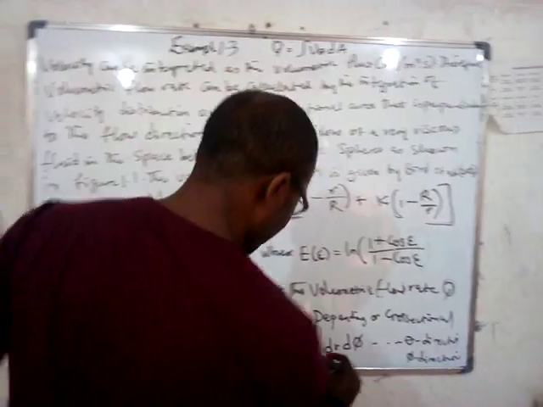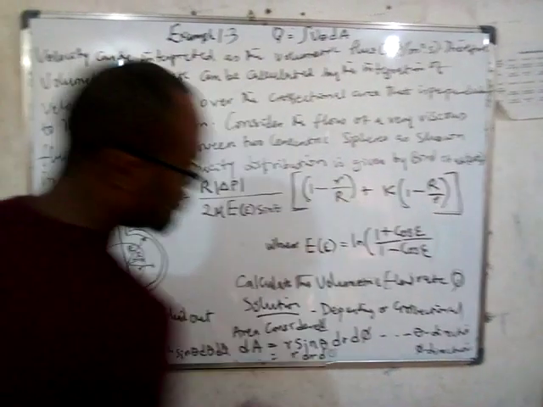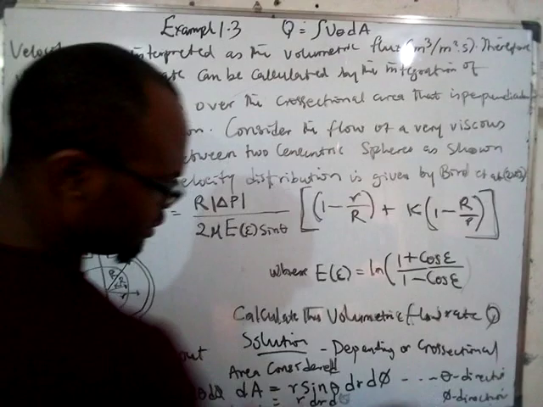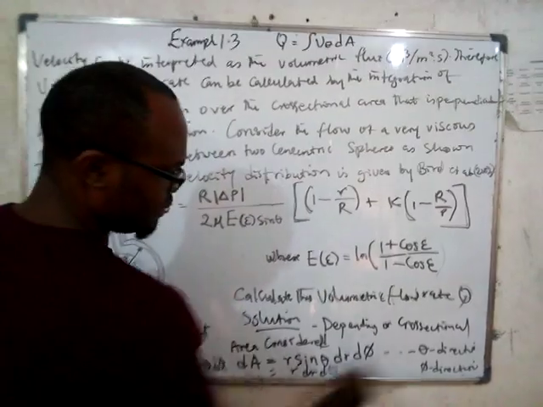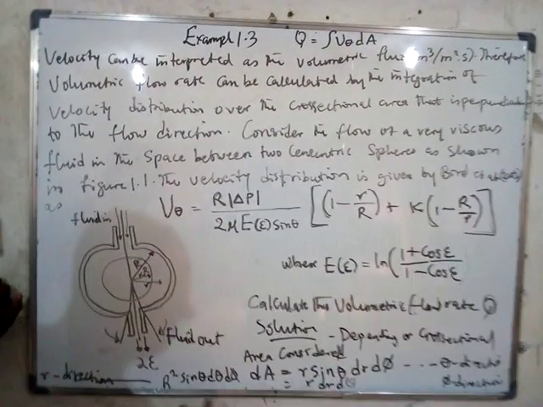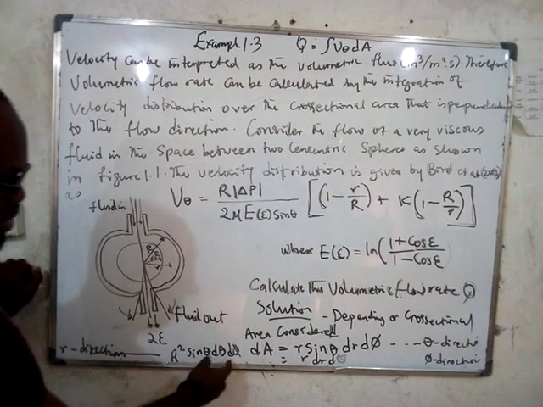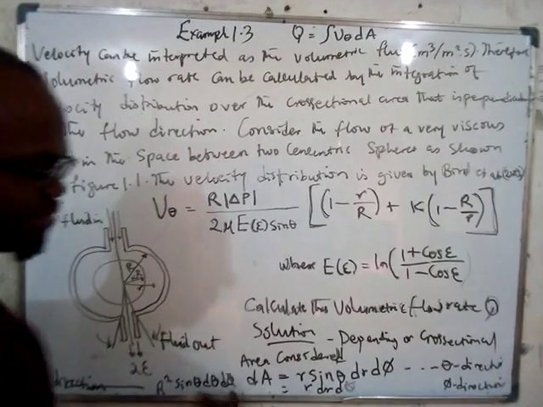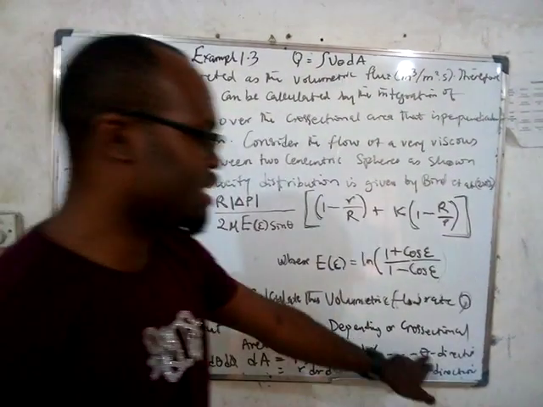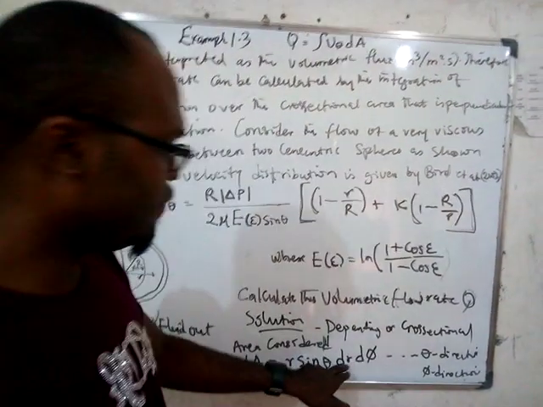I'm not sure, but I think the phi direction expression on the board should be theta, because we are looking at phi direction, so it should be different from phi: it should be the r and the theta. Whereas for the r direction, it should be the theta and the phi. So make sure that the differentials you have at the back are not connected with the direction you're looking at. Since you're looking at the theta direction, which is what we're going to be considering here, we have the r and the phi.